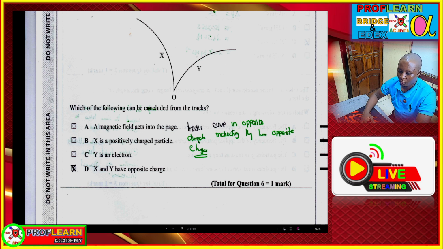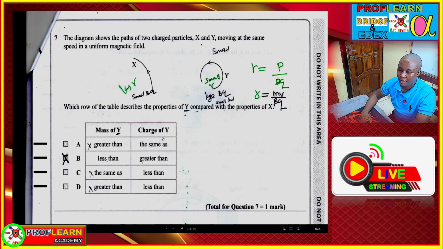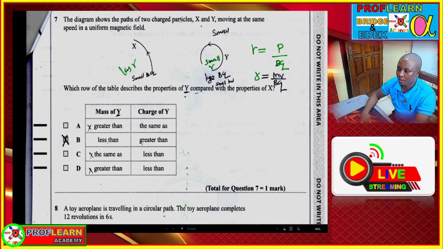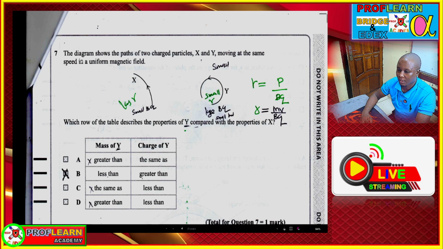Then we have question number 7, where we are told that the diagram shows the paths of two charged particles X and Y moving at the same speed in a uniform magnetic field. You can see this one has a larger radius, and this one has a smaller radius. The radius is equal to momentum over magnetic flux density times the charge.